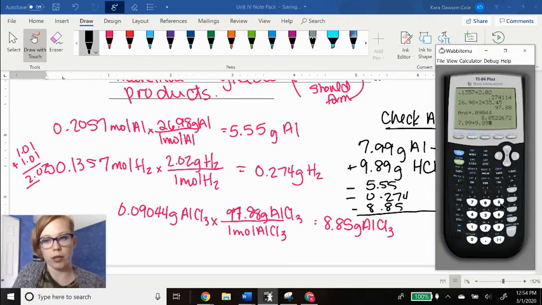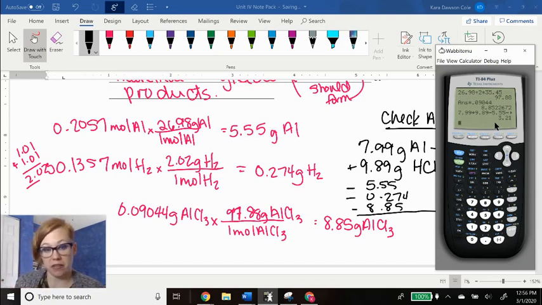I'm taking 7.99 plus 9.89, then I'm going to subtract 5.55, subtract 0.27. I'm going to leave off the 4 there just because I've got 2 places behind my decimal. And then minus 8.85. So I have 3.21. So I did something wrong.